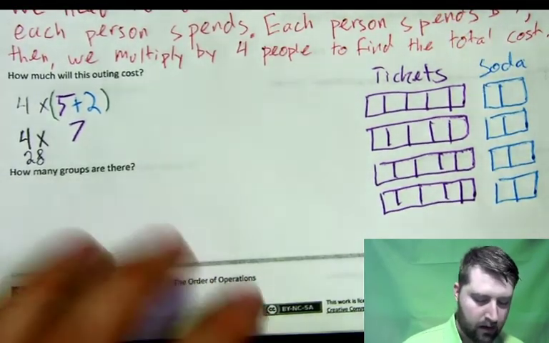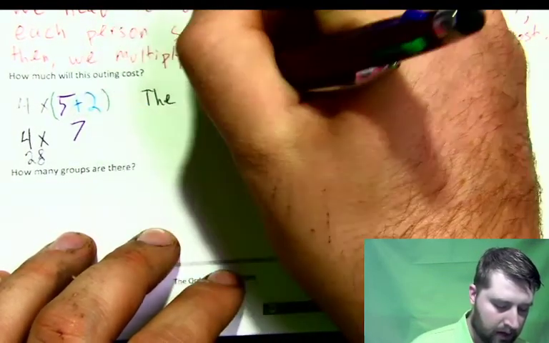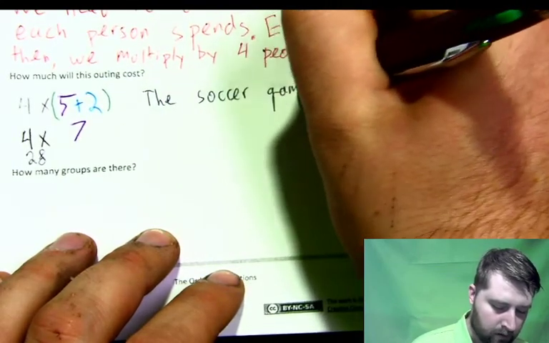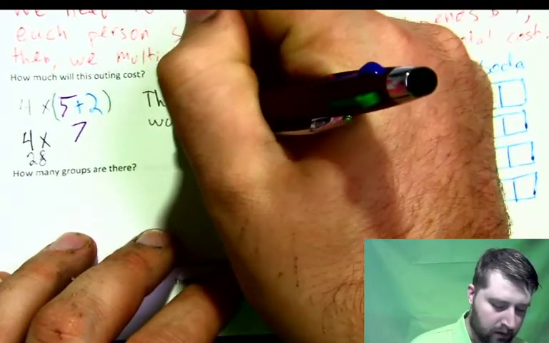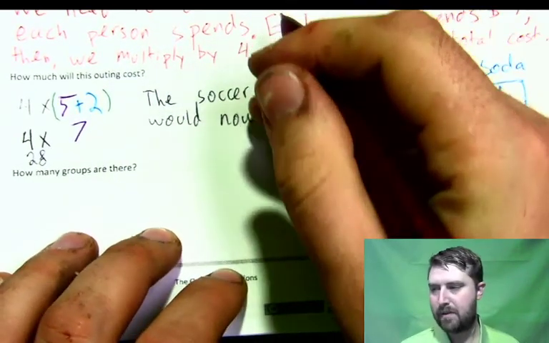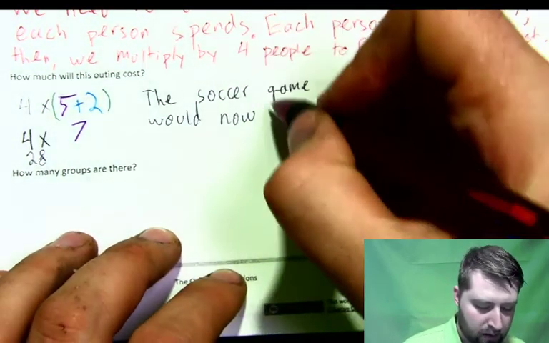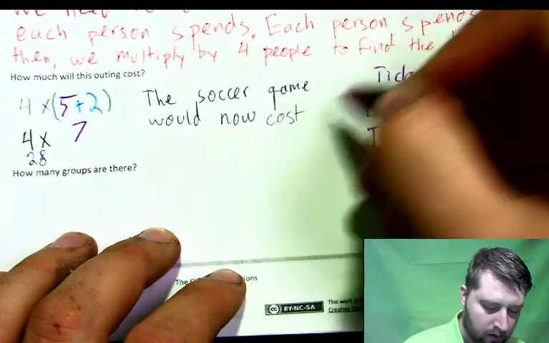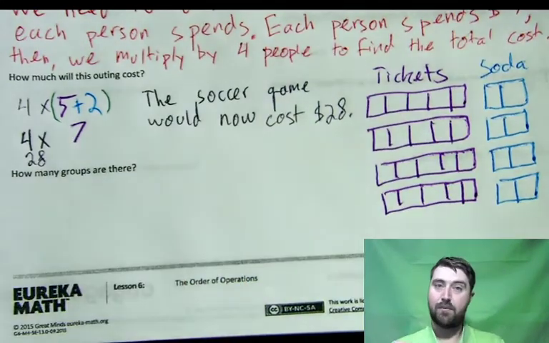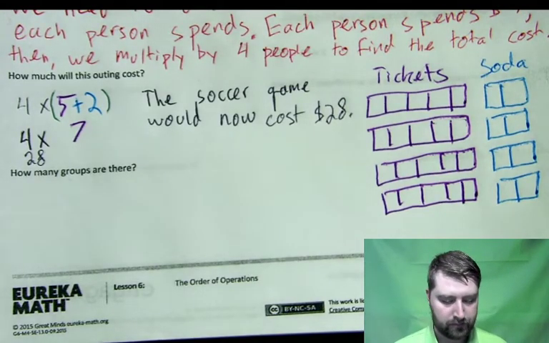So our sentence says, the soccer game would now cost $28. We're adding the word now because we are super fancy, differentiating this from the scenario that happened before. That's a different price because before we only had 1 soda. Now we have 4 sodas.